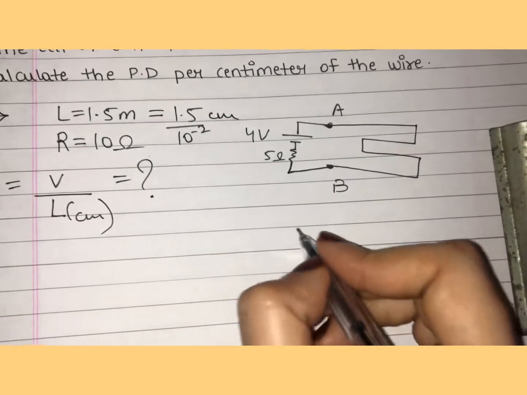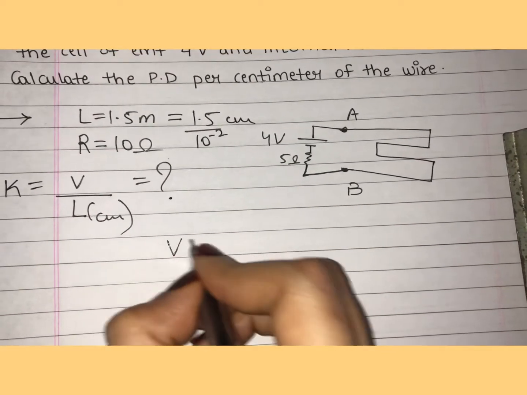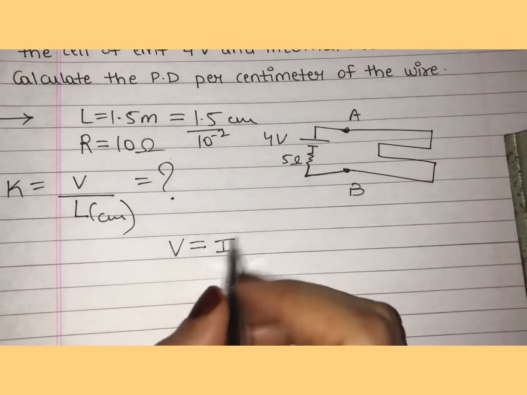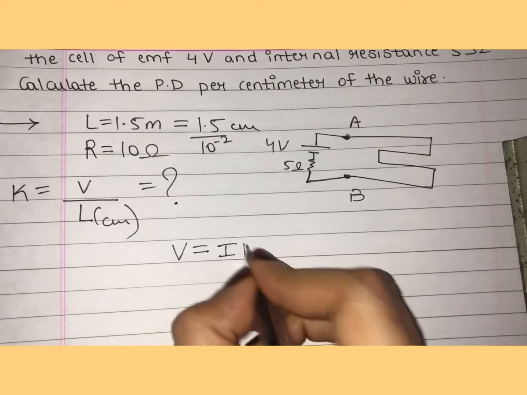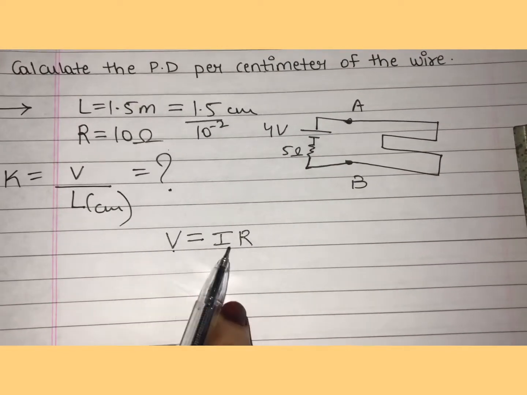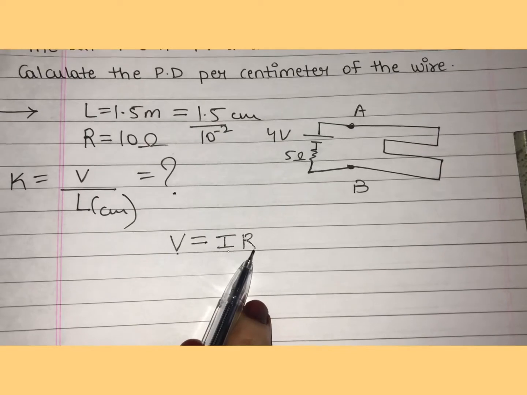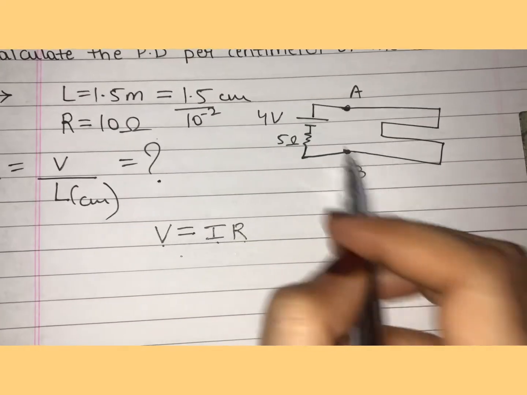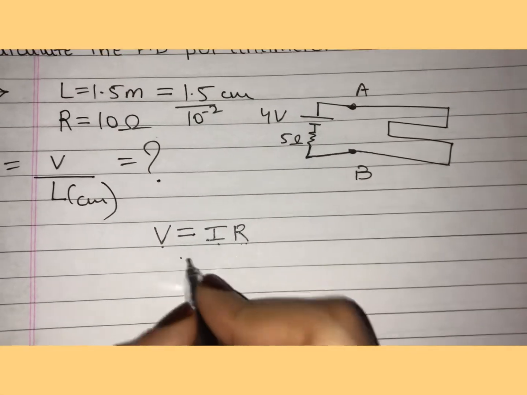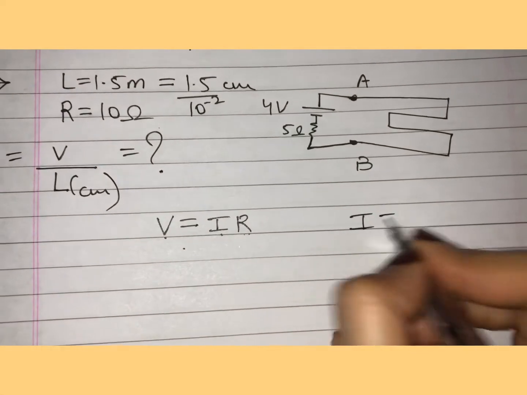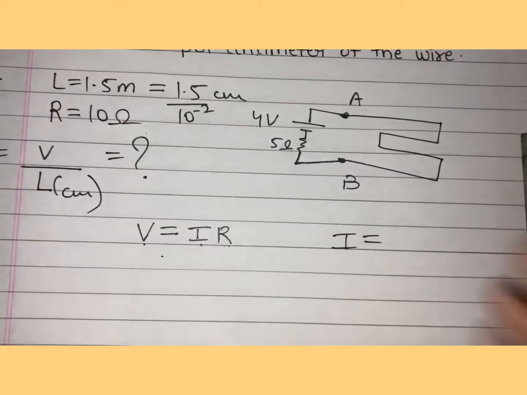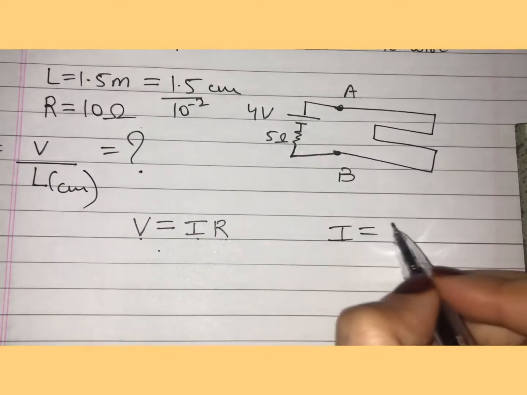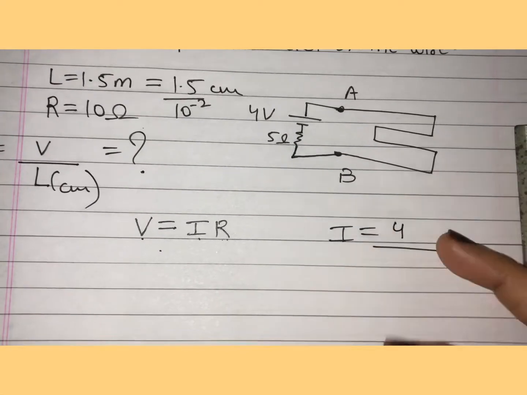Now, what will be the potential difference across the wire? Potential difference will be I into R, right? I is the current, and R is the resistance of the wire. Now, the current in the circuit will be voltage upon the resistances.